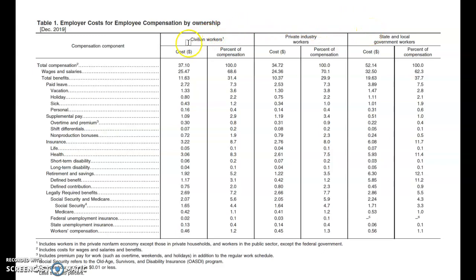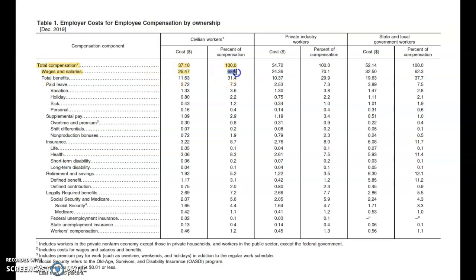Let's focus first on the civilian workers and look at the costs and percent of compensation. Well, total compensation is going to be $37.10. That makes up 100% of all compensation. Now, when reading these tables, the first indentation tells you how they're breaking down total compensation. So they're breaking it down into wages and salaries, which is $25.47.